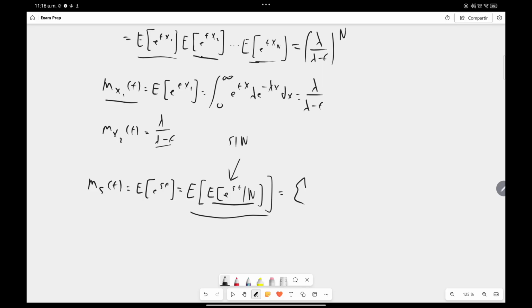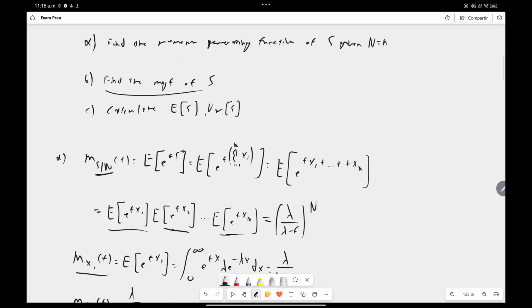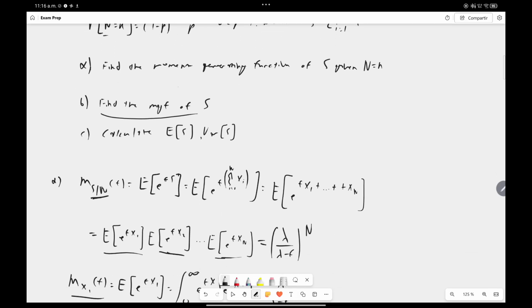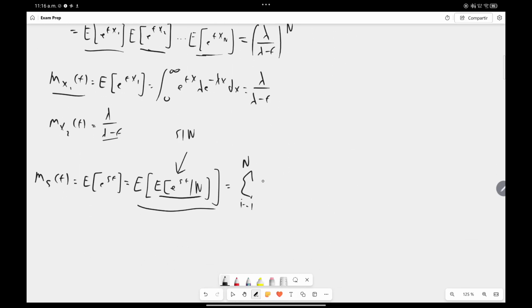All right, so now we have i equals 1 to n. Now, why is it discrete this time? It's because n is a discrete random variable. And so we're going to use the definition of expectation here. In this case, we're going to use k.